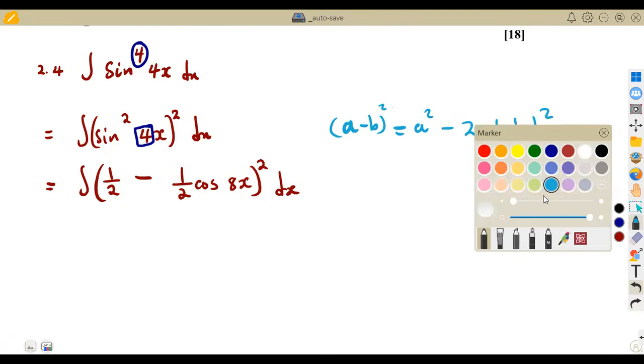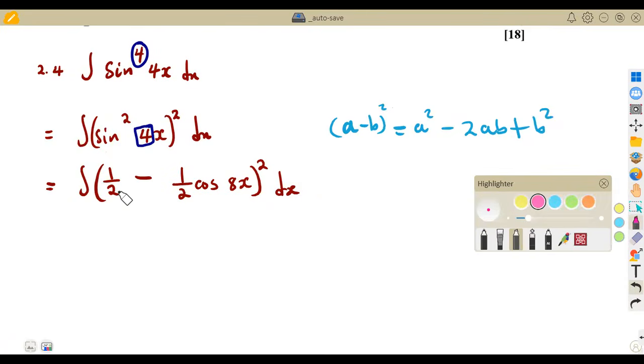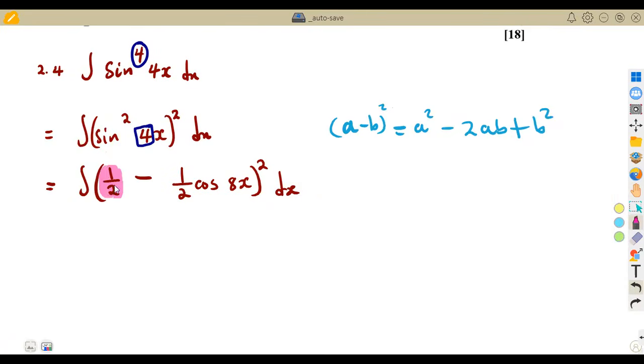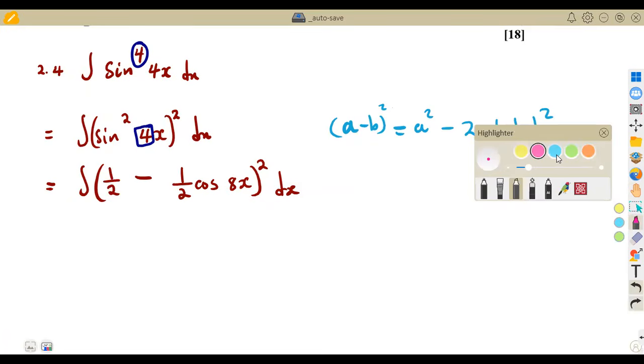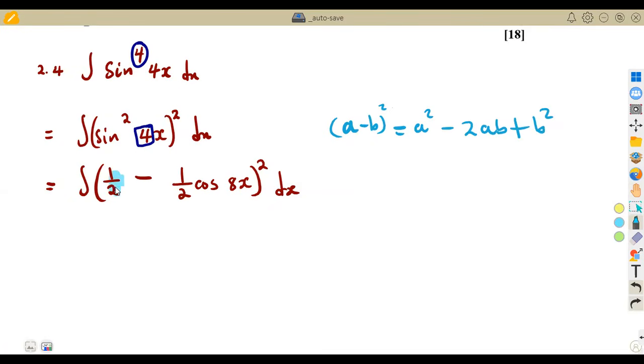So we have got the number here, a, and this is our b. Everything is being raised to the exponent of 2.